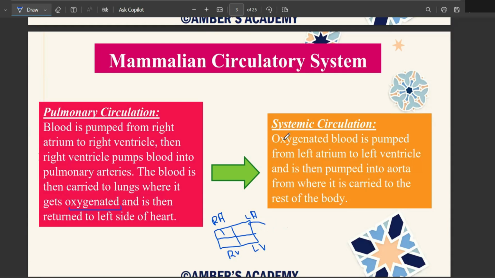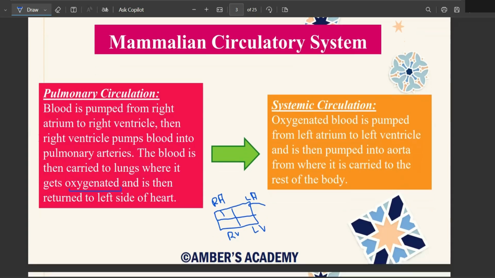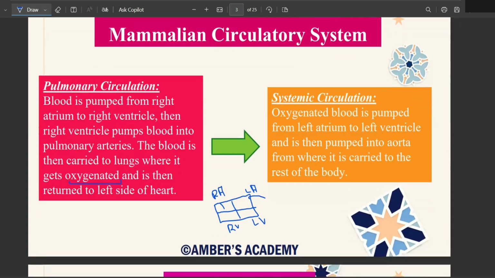Then systemic circulation pumps oxygenated blood from the left atrium to the left ventricle, and when the left ventricle contracts, the blood is pumped into the aorta from where it's carried to the entire body. So pulmonary circulation is there to get our blood oxygenated, while systemic circulation is there to pump oxygenated blood. This is why we say that blood passes through the heart twice.